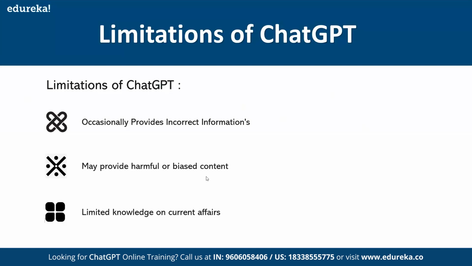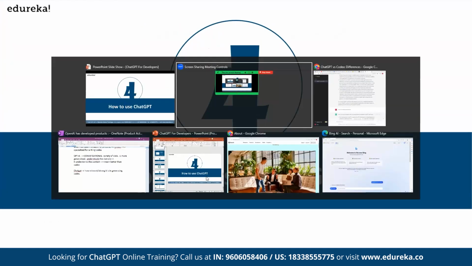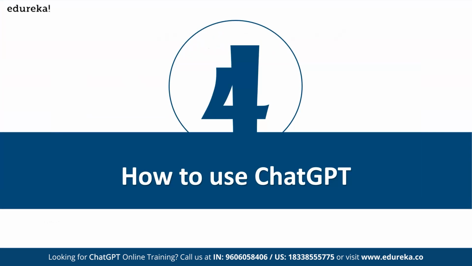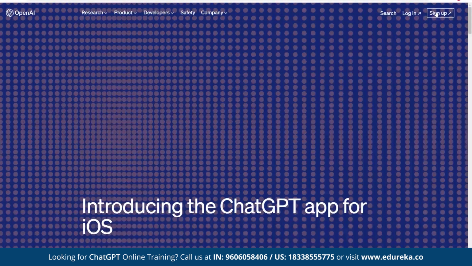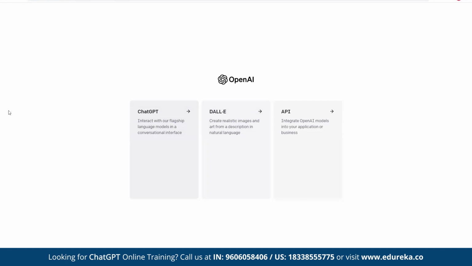So now, how to use ChatGPT? As I said, you have to go to the OpenAI website. All of you will have to sign up here. I've already signed up, so I will log in here. As soon as I log in, it asks whether you want to use ChatGPT, the product which it has released to generate text data.